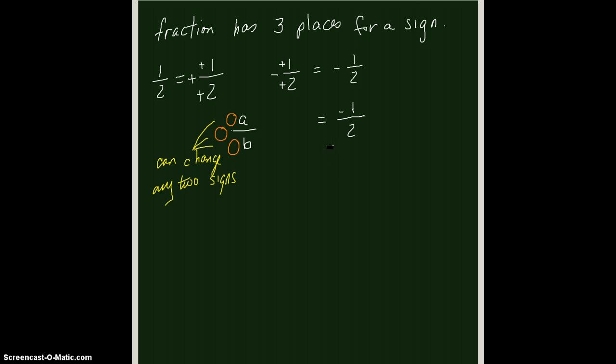So that means -1/2 is the same as -1/2, which is the same as 1 over -2. Why is that? Well, it goes back to writing division, 1 divided by 2. It goes back to writing division as a multiplication.